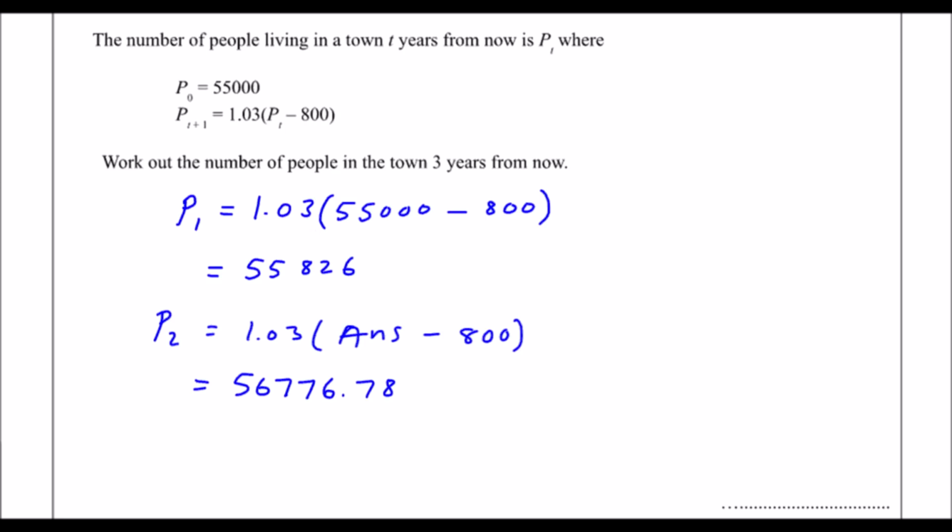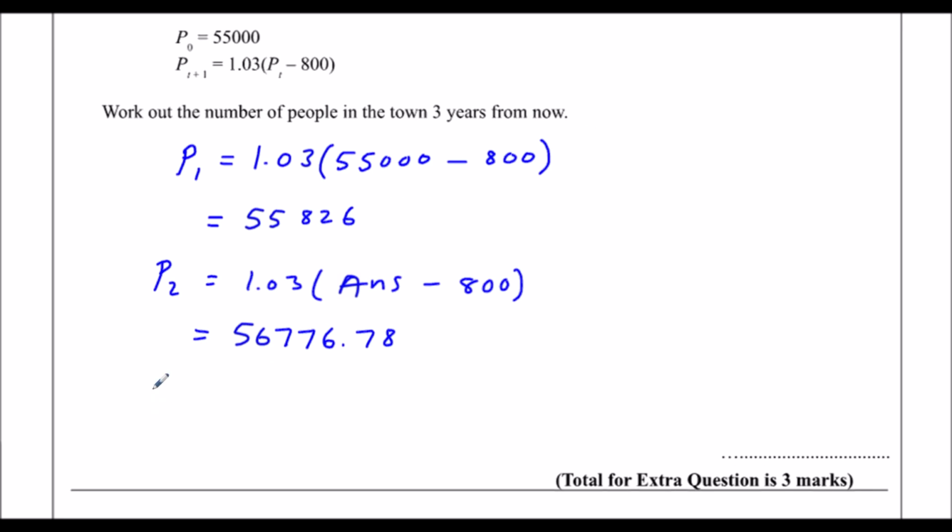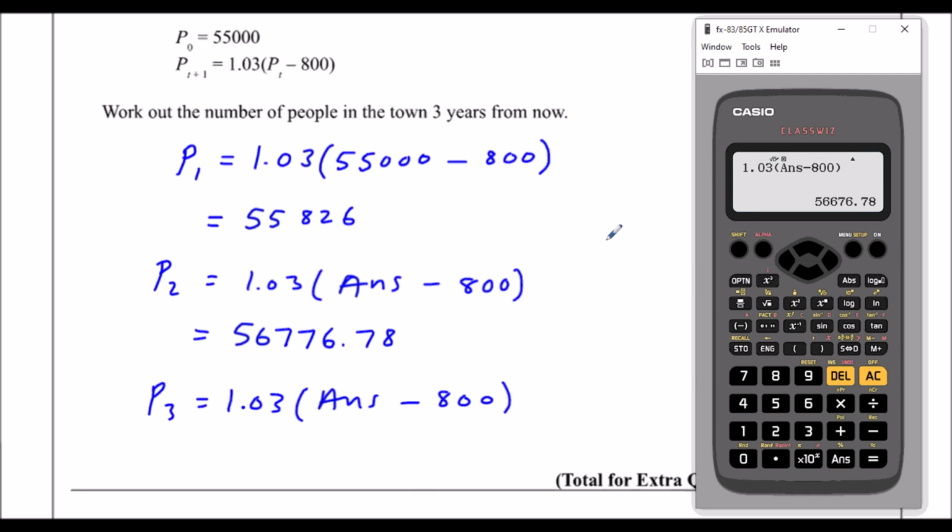And then we want the number of people after 3 years. And we substitute in this answer. But again, we can just use the answer button on the calculator, which will use this previous answer. So all we've actually got to do is press equals one more time, and we'll get our answer.